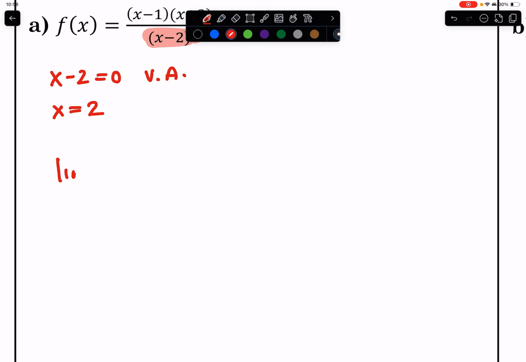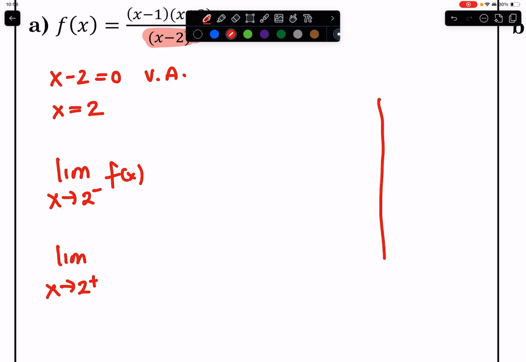So let's see what happens as x approaches the vertical asymptote of 2 from the left side, and as x approaches positive 2 from the right side. Now recall, I'm going to draw myself an x and y axis, and we have a vertical asymptote at 2. So there's this imaginary vertical line at x equals 2.